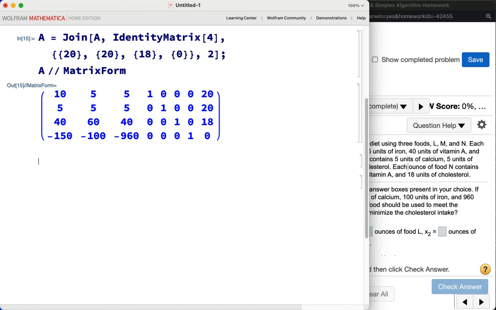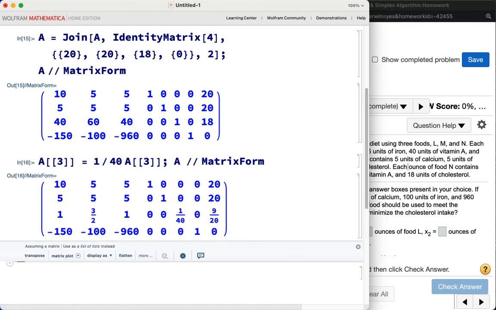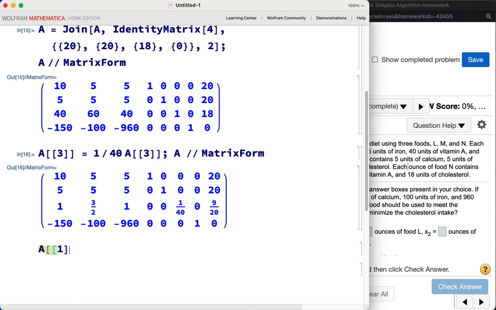So let's start. We're changing the third row. And how are we changing it? We're multiplying the entire third row by the reciprocal of 40. So there we have it. How are we changing the first row? The new first row is equal to the old first row minus 5 times the third row.